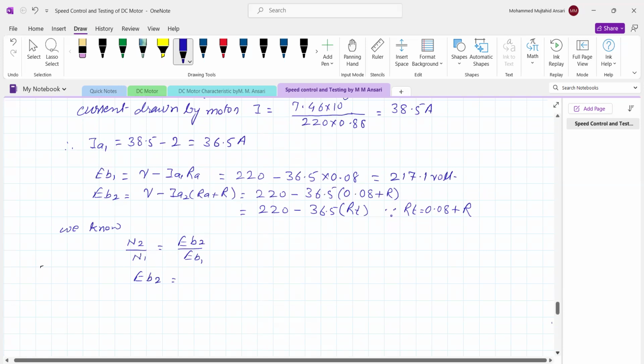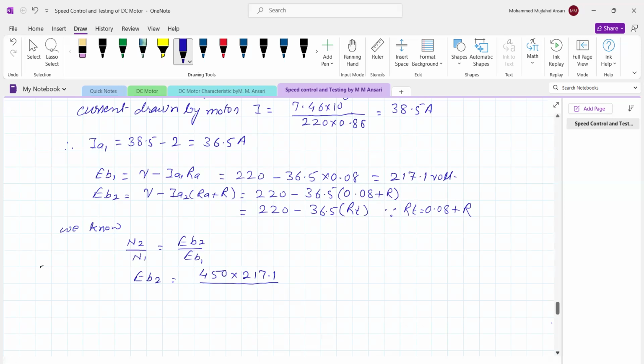Therefore, EB1 we can calculate, EB2 we can calculate. EB2 is equal to N2, the speed in the second case, 450 RPM, multiplied by EB1, 217.1 volt, divided by N1, which is 900 RPM. So EB2 is the value. Now put the value of EB2 into this equation.